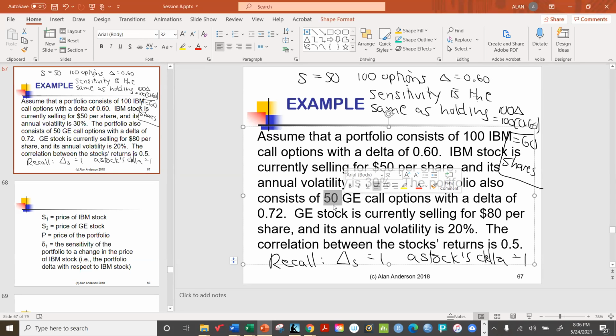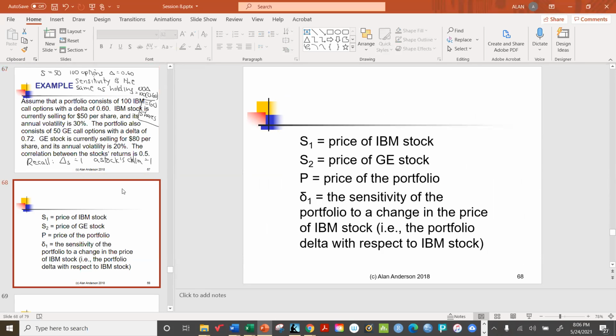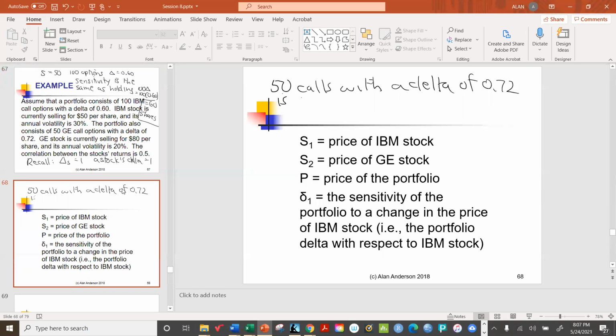So based on the logic we had before, 50 calls with a delta of 0.72 is the equivalent, as far as the risk goes, of 50 times 0.72, which is 36 shares of stock.